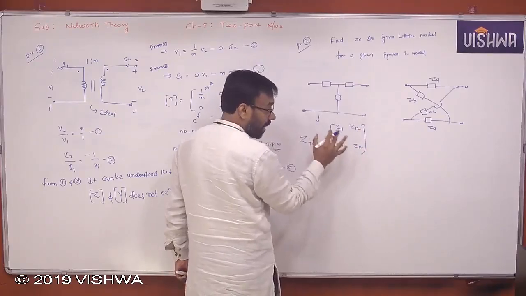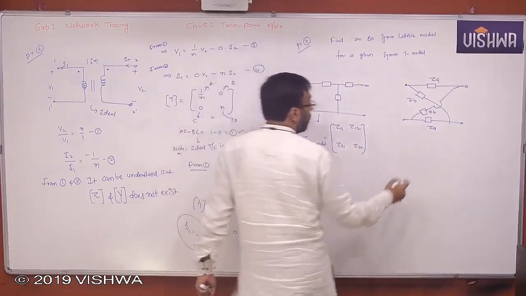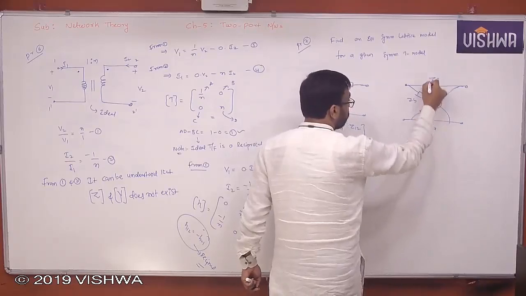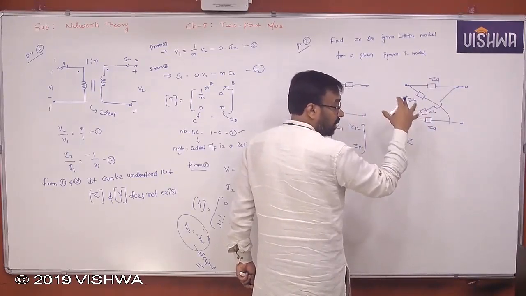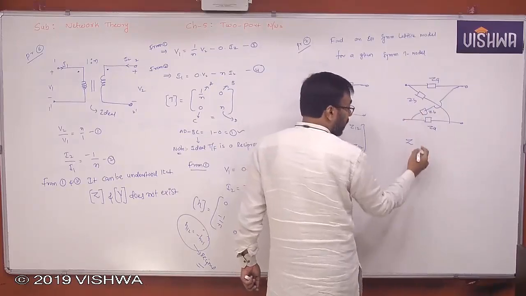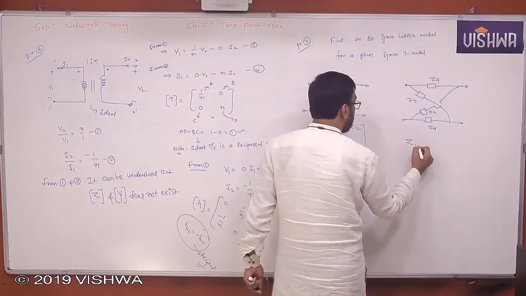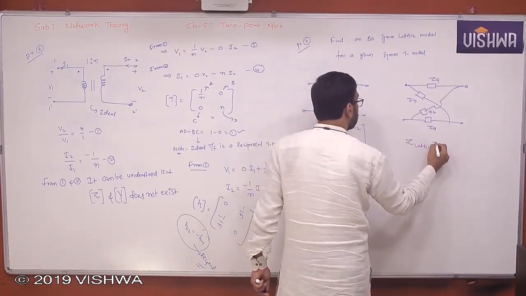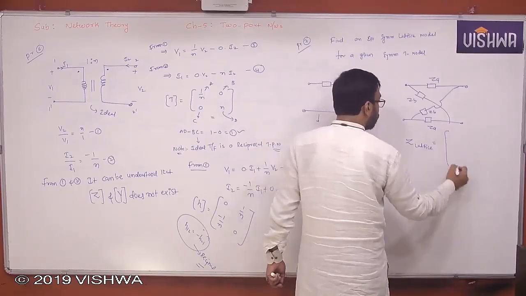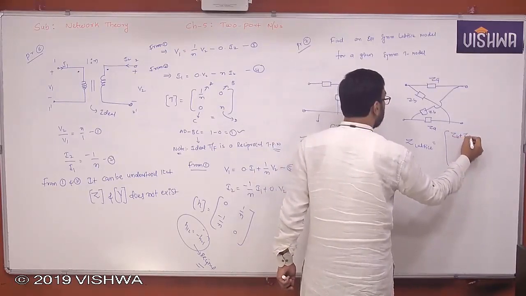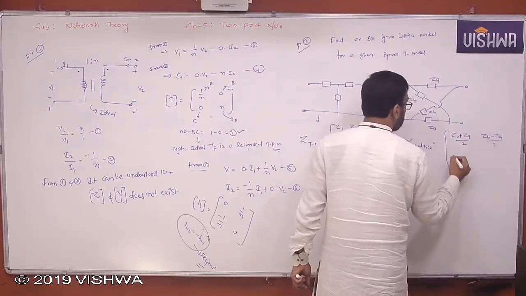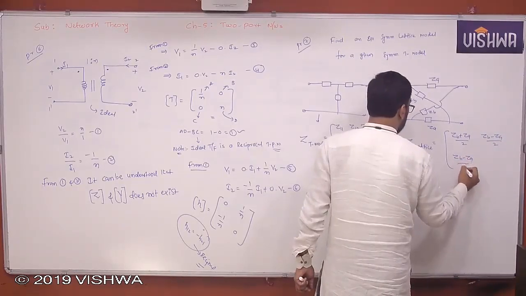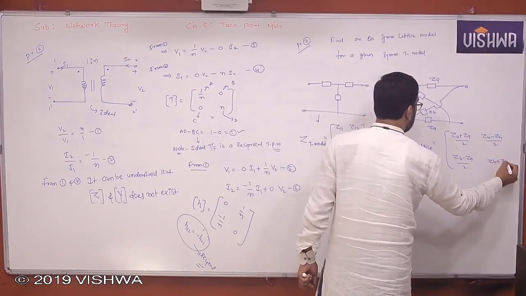With ZA and ZB, you can imagine a symmetric lattice model. Z of lattice is: ZB plus ZA by 2, ZB minus ZA by 2, ZB minus ZA by 2, ZB plus ZA by 2.